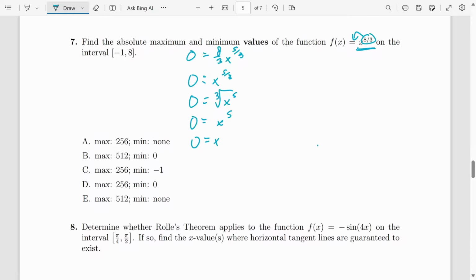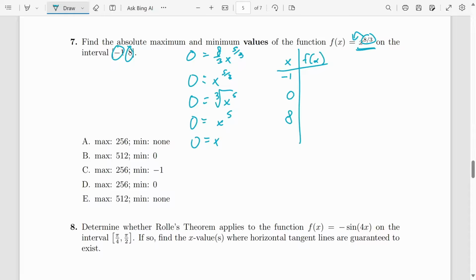But we do also have to worry about the points -1 and 8, since this is just an interval. So those endpoints could very well be a maximum and a minimum, just only among that interval. So setting up that table again, we've got x and f of x. We've got our 3 values that we have to worry about in ascending order.